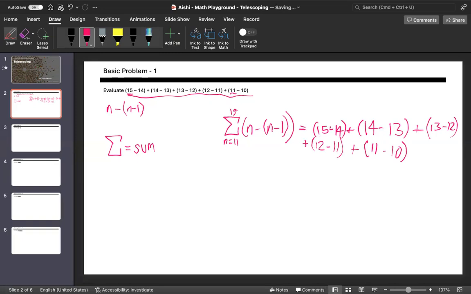Okay, so there's a negative 14 here and there's a positive 14. There's a negative 13, a positive 13. So we can cross these out and we're left with 15 minus 10, which is equal to 5. Notice how telescoping is sort of a survival game. Which numbers survive and which numbers don't? This is why math is so fun.